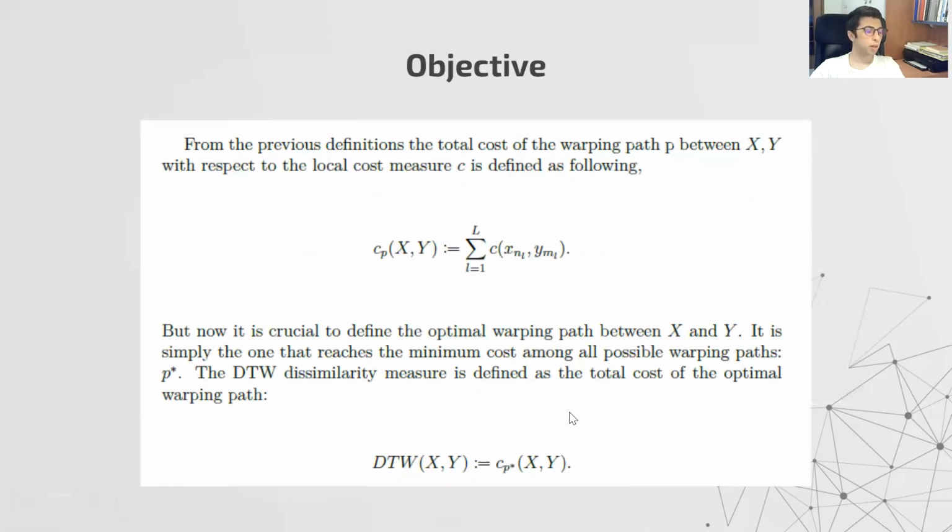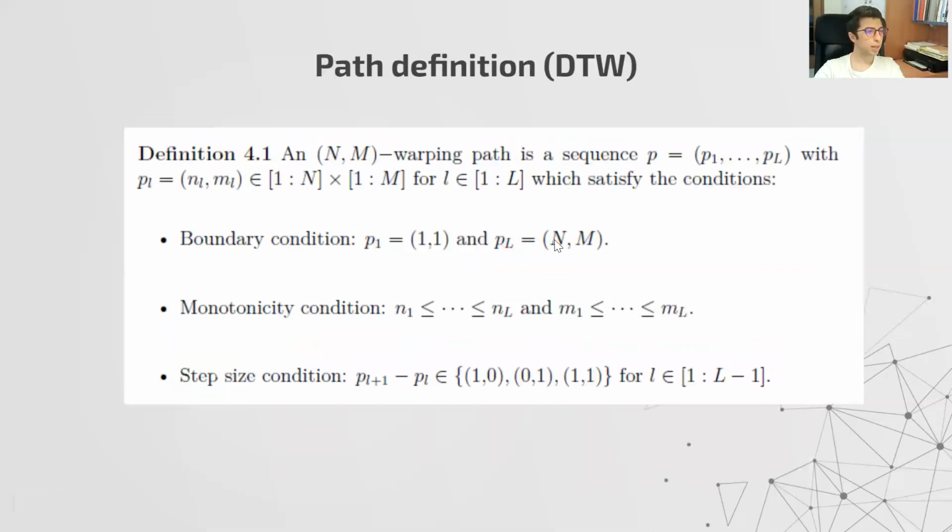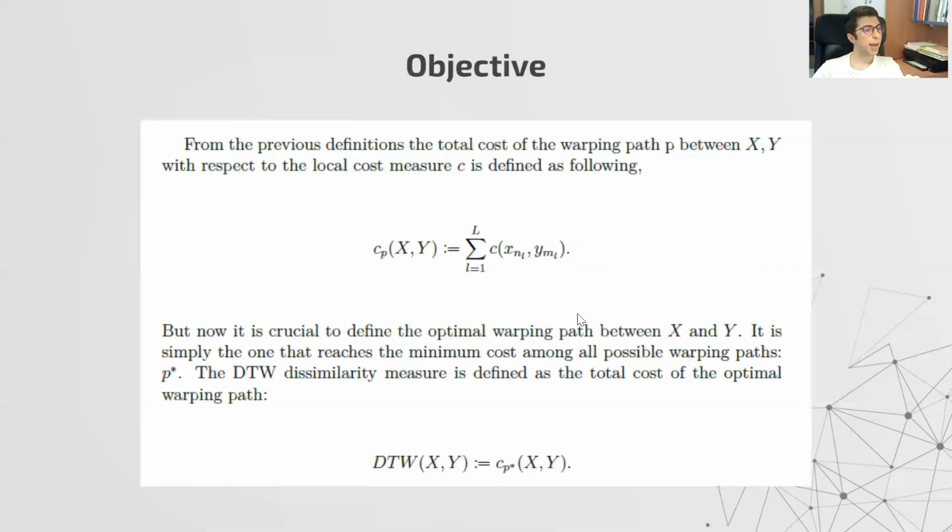So in order to define the optimal warping path, we have to evaluate the summation of all the costs in all the different warping paths from point 1,1 until point n,m. And by doing this summation, we have to take the minimum cost among all possible warping paths.